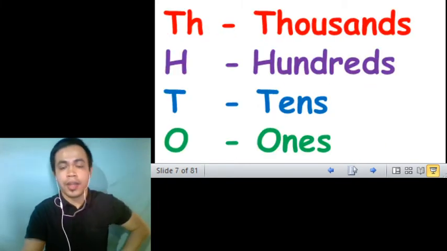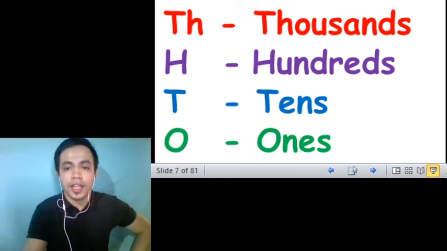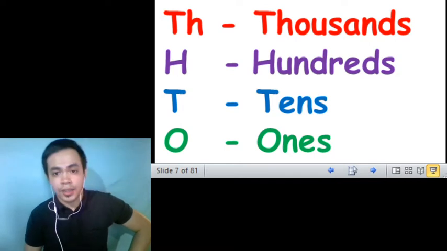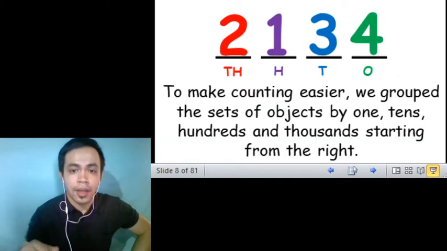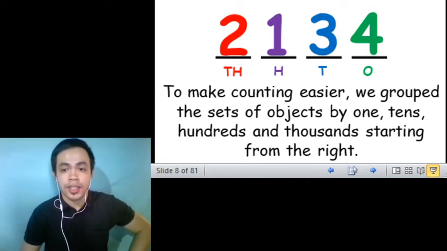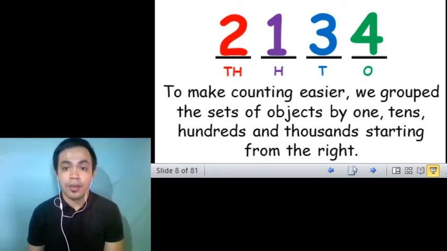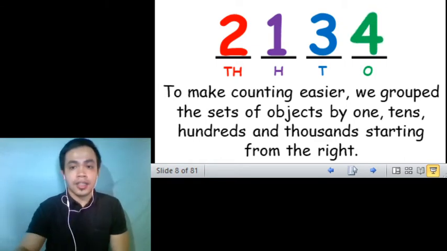Remember that. Again, our four place values are ones, tens, hundreds, and thousands. To make counting easier, we group the sets, our examples, by ones, tens, hundreds, and thousands, starting from the right. We had an activity yesterday where you counted ones, tens, hundreds, and thousands.